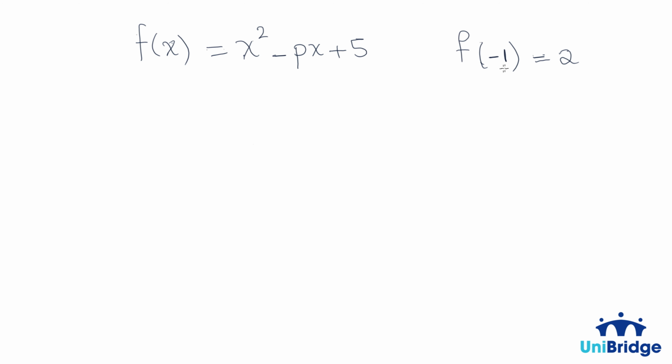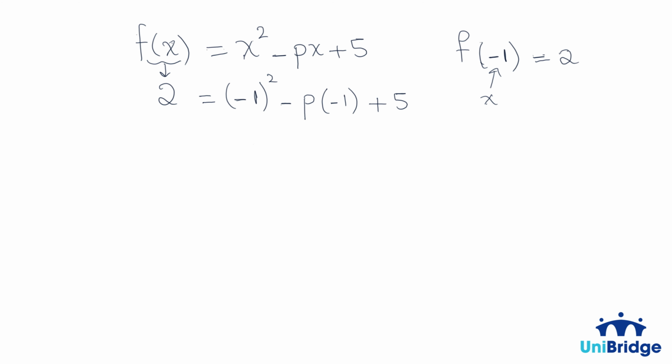So what does this mean? When x is equal to negative 1, the function is going to equal 2. So you go here and put 2, replacing the function or the y or the f of x, and negative 1 replacing the x. Remember, whatever is beside the bracket is always the x. And we said when we have a negative number, or in general, the best way to do this is to put brackets when you replace the value of x.